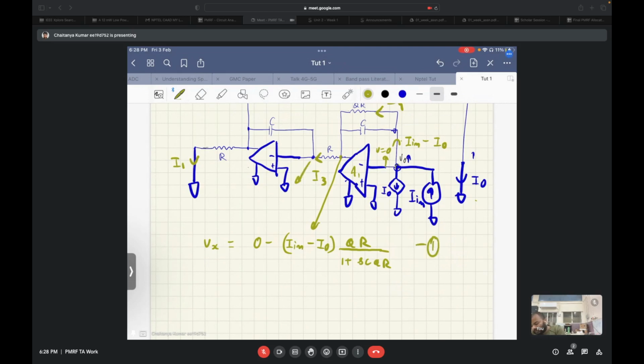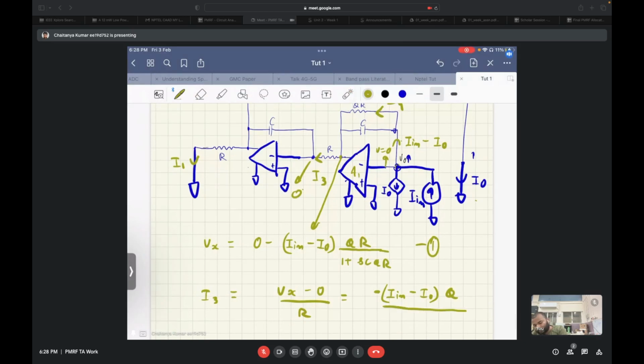Now what is I3? Again, this node is 0. So I3 is basically Vx minus 0 divided by the resistance R. So we can write it as minus (I in minus I naught) times Q, and this R and this R will get removed.